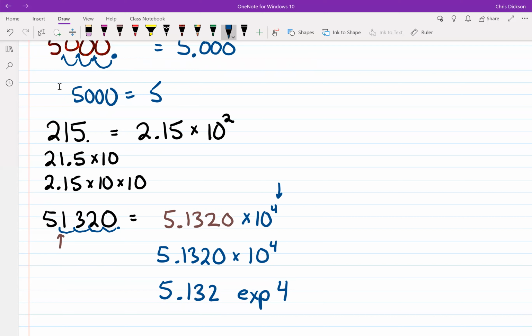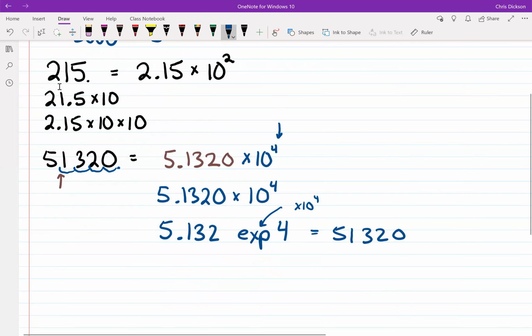It means times 10 to the power, and then I type in 4. And you'll see that gives you 51,320. So this button here means times 10, and then the 4 is the power on the 10, or really how many 10s you're multiplying by. So that's how we convert a big number into scientific notation.